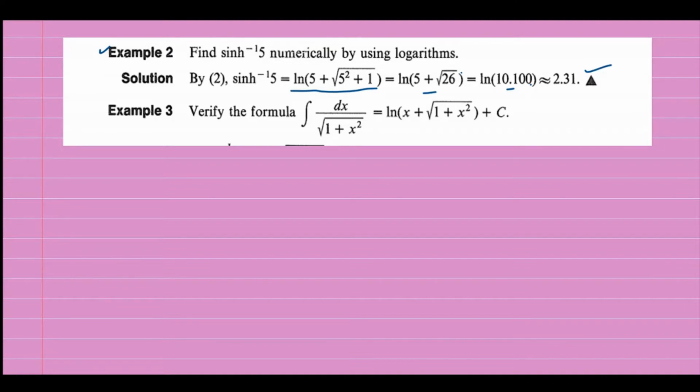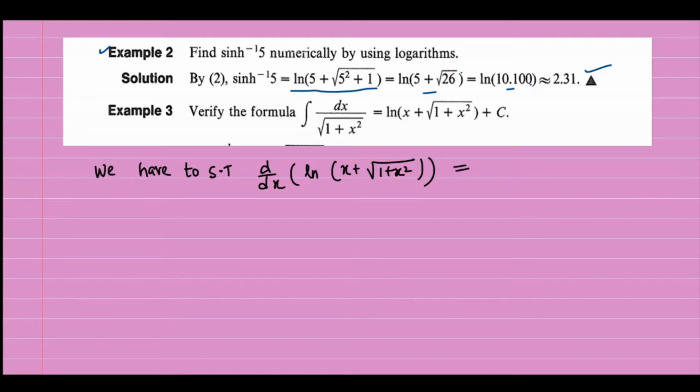So it means that we have to show that d by dx of x plus square root of 1 plus x square. Plus c is not required because the derivative of a constant is 0.